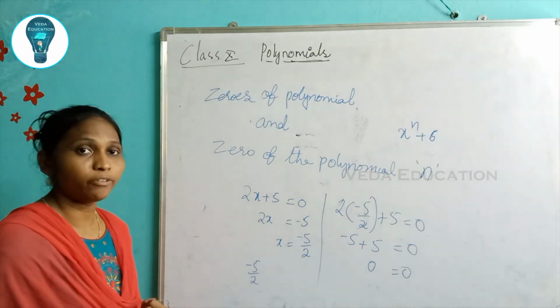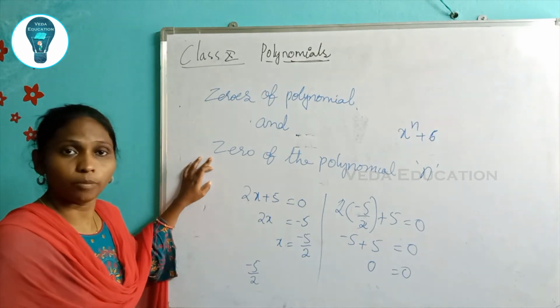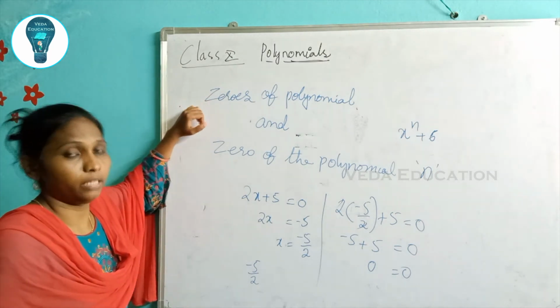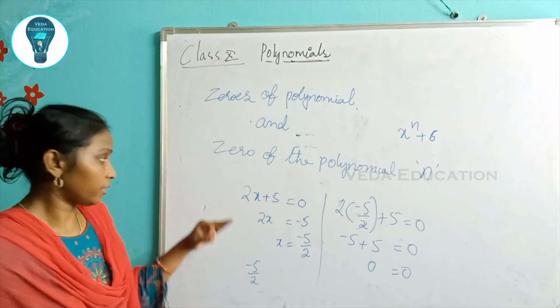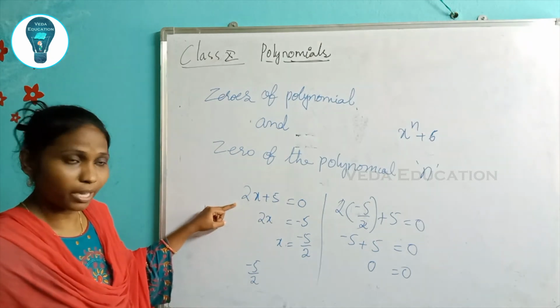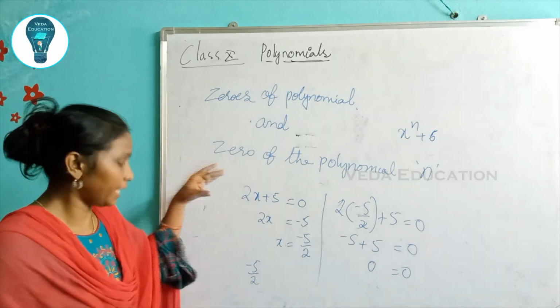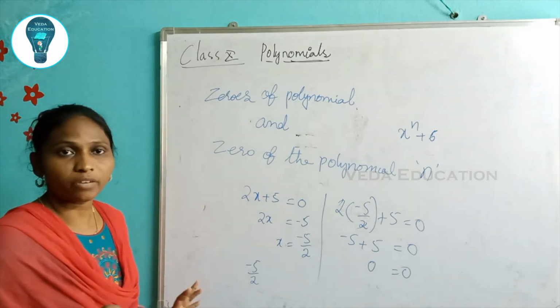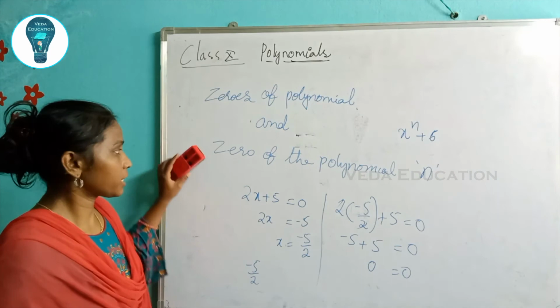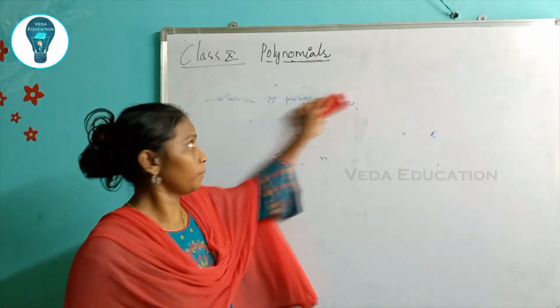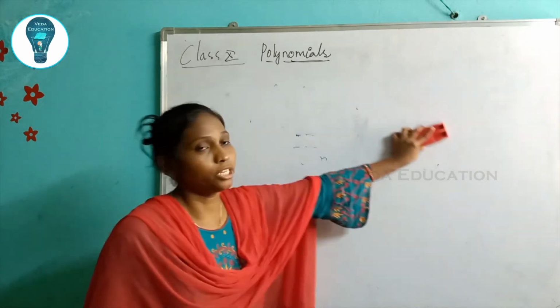Got it? When that value is substituted, it becomes 0. That substitution value we call the zero of the polynomial. Zeros of the polynomial means how many zeros you can get, 1 or 2 or 3. What is the degree of this polynomial? 1. So for this equation, how many zeros can you get? Only 1, that is minus 5 by 2. Got it, everyone? Next. Before discussing graphical representation of polynomials, we will discuss factorization.